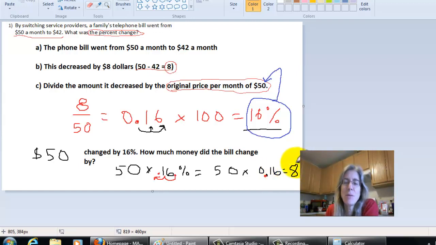So once you know how much it changed by, you can do what you need to do accordingly. If it decreased by 8, you subtract 50 minus 8 and you get back to our $42. So I worked this problem forwards, just straight, finding a percent change, and then from a percent change of an original amount, you can find how much it changed by.